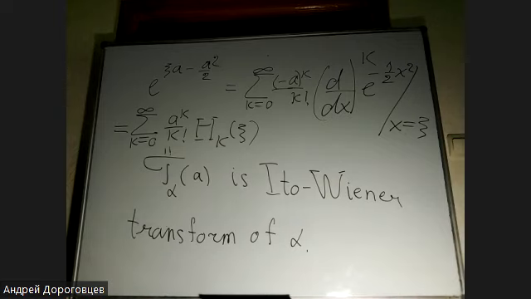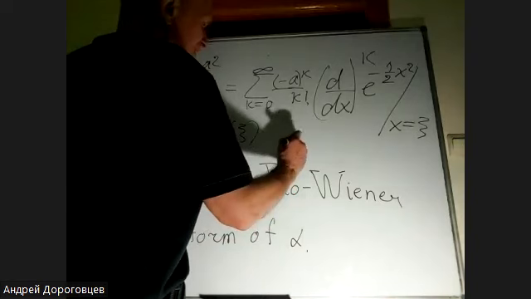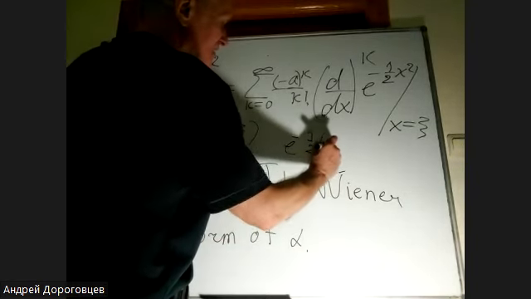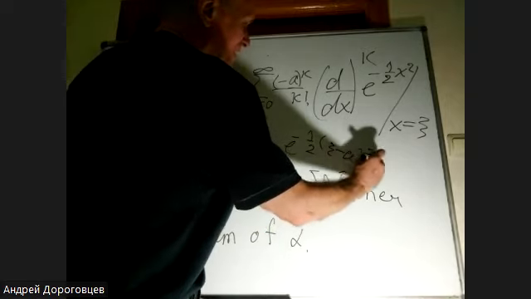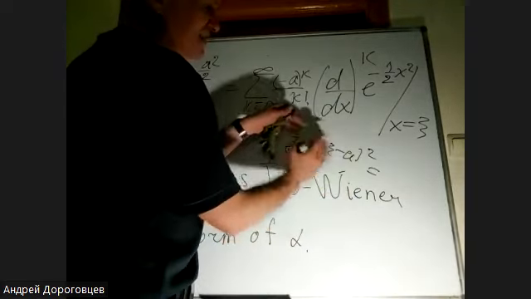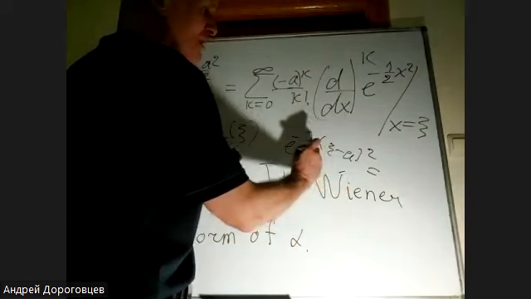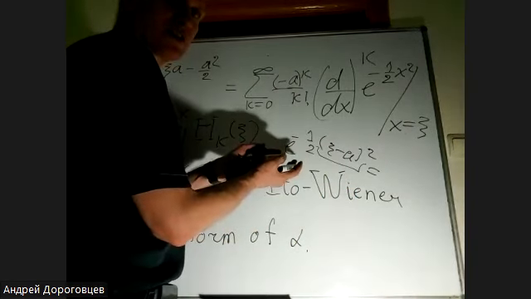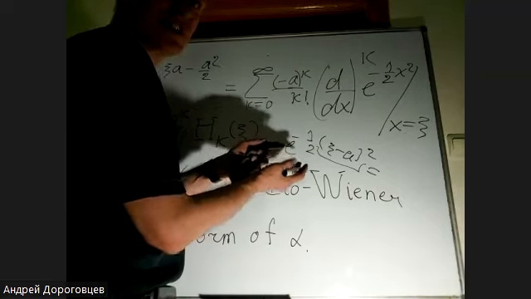This is not a Fourier series for e to the minus 1/2 of psi minus a squared, and this is simply the power of psi minus a squared and the series for the exponent. This is a different case.